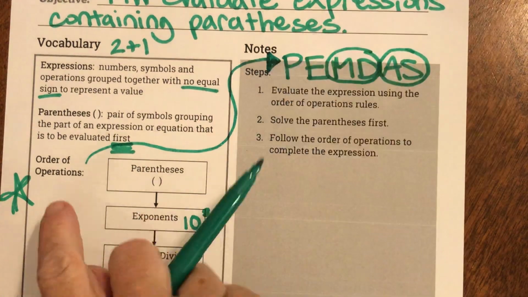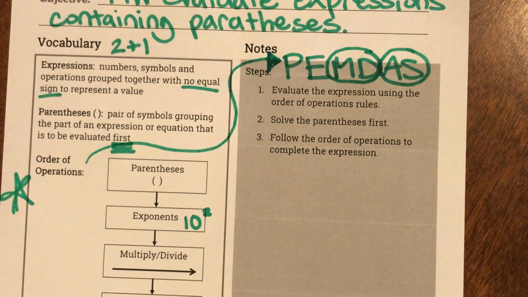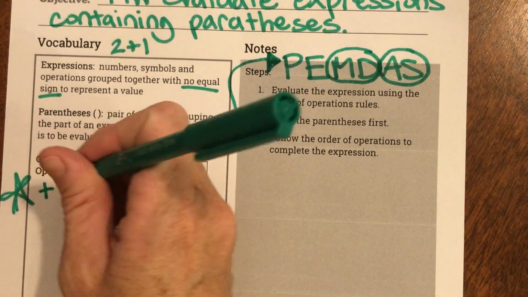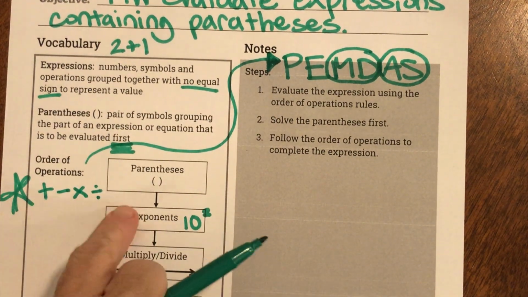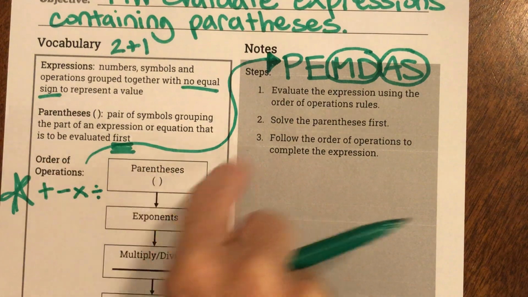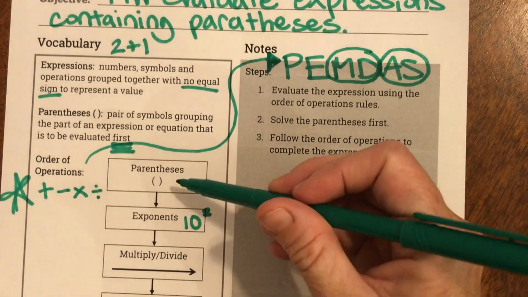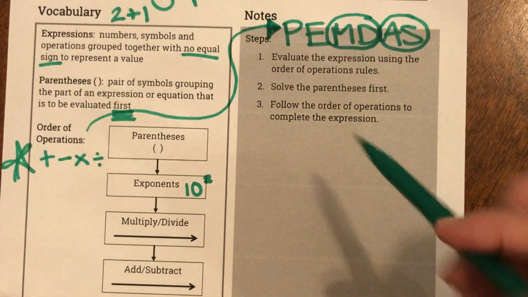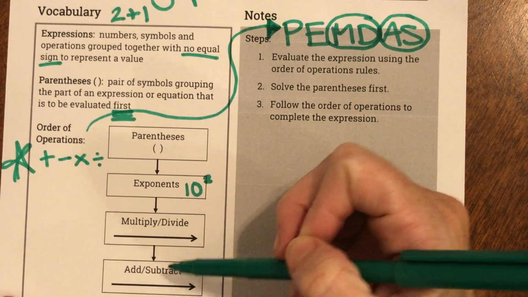So order of operations is how you have to solve problems when there's more than one operation in it. An operation would be addition, subtraction, multiplication, and division. When you have more than one of these, there's a rule of how you have to solve them. So here they gave it to you in a way they wrote out that you do parentheses, exponents, multiply, divide, add, subtract.